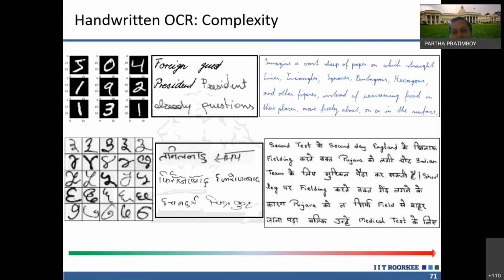So that means this is a chicken and egg problem. If you want to go for segmentation, you need to know the label. If you want to recognize, then you need to know segmentation. So you need both segmentation and recognition. Okay, so this is a typical problem in handwritten words.